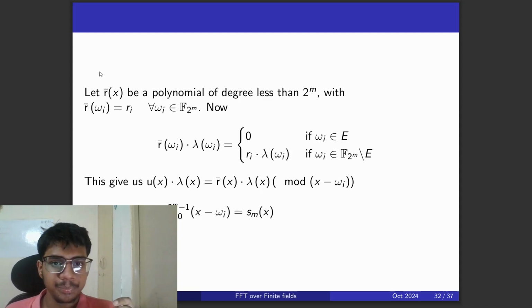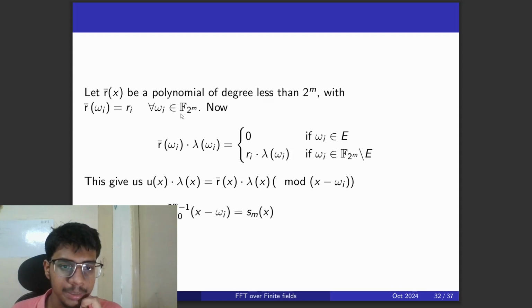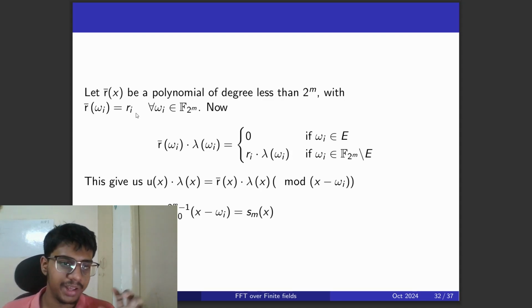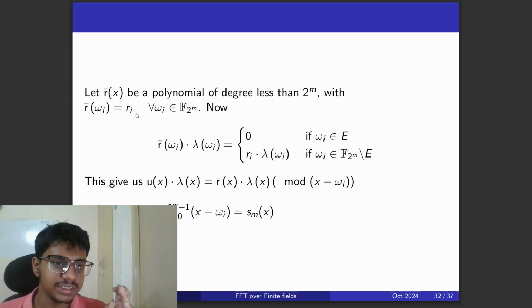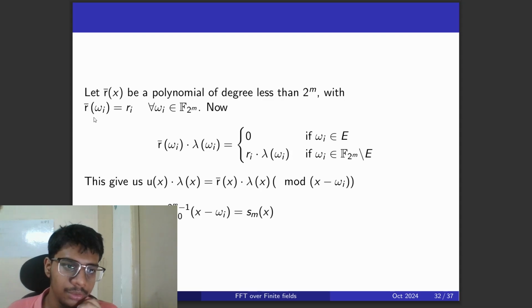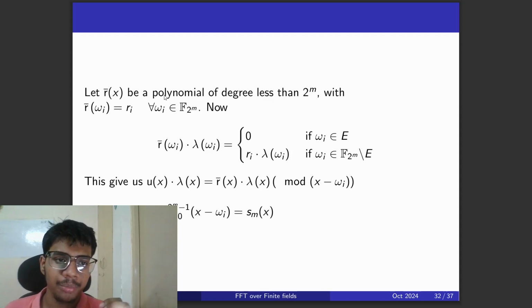Next, we will define another polynomial, r bar x, such that r bar of omega i equals ri. We are just simplifying our approach to get some equations which we can evaluate to get our lambda x. We are manipulating our equations and getting some additional polynomials so that we can calculate lambda x. So we assume a polynomial r bar of x such that if we put omega i, we get ri.